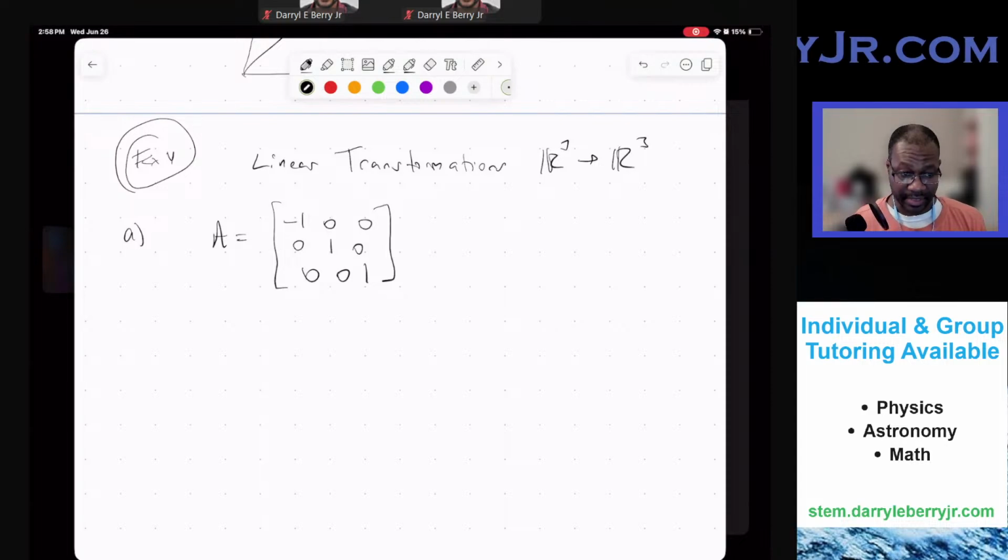Because mu A leaves the x2, x3 plane fixed, right? X2, x3 are fixed, so they're just the identity matrix. And x1 is sent to negative x1.